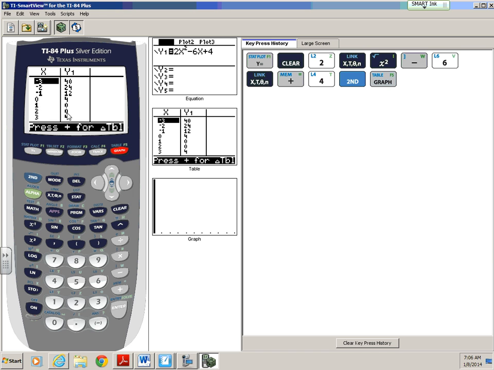When x is 2, y is 0. So that's telling us that we correctly factored that trinomial. Okay? So, just to quickly recap, today we worked on solving quadratics mainly by factoring, setting the equations equal to 0.